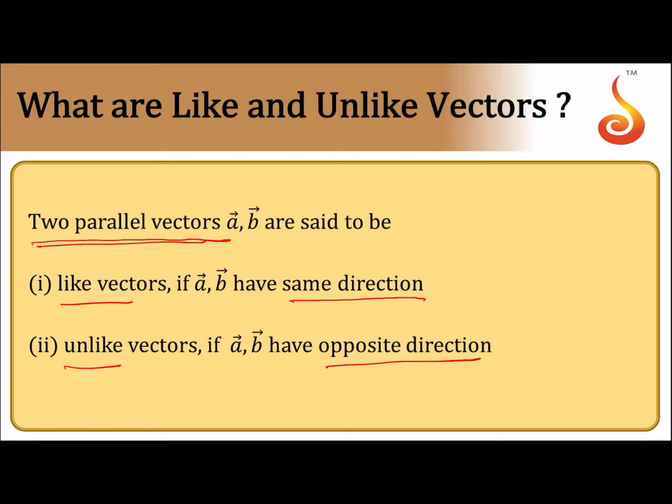So two parallel vectors A and B are like vectors if A comma B are in the same direction, and they are unlike vectors if A comma B are opposite in direction. Like vectors are parallel vectors in the same direction. Unlike vectors are also parallel vectors, but in opposite directions.